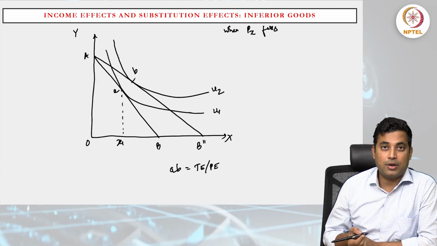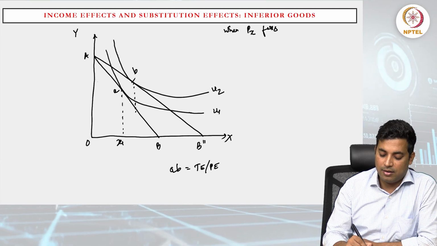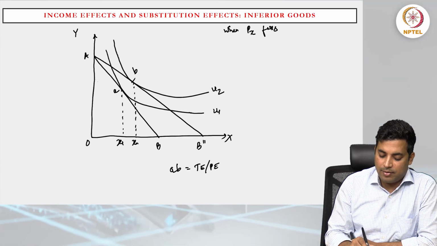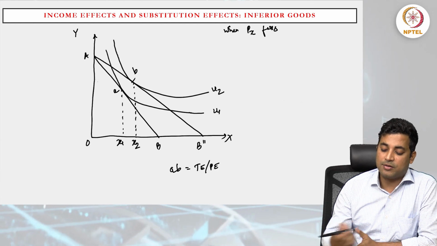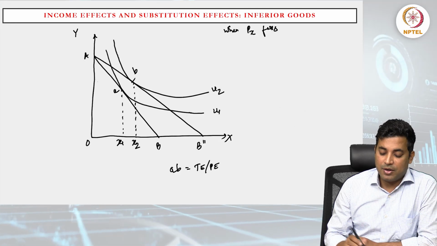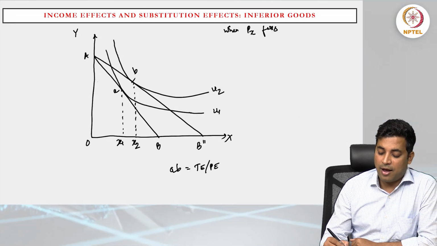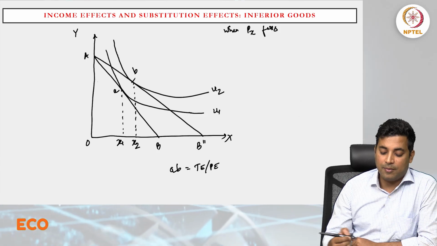x1 amount of quantity demanded for x, and at B there is a higher demand for x because the price of x falls. So of course U2 is a higher utility than U1.